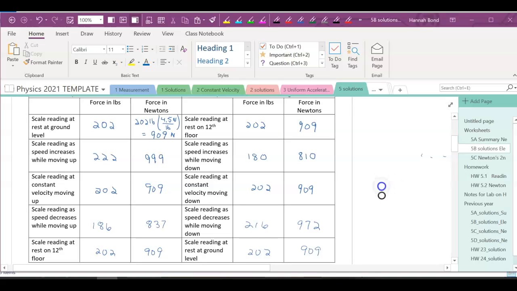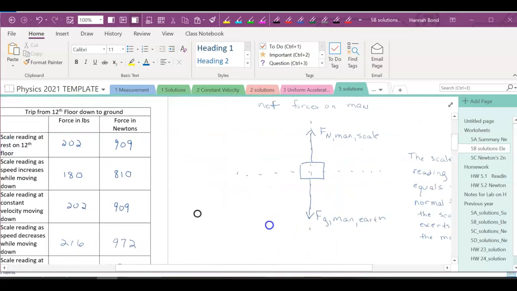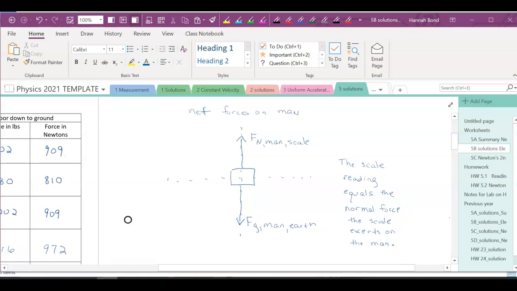Let's do a force diagram on the man to figure out what we are seeing when we read the scale. The force diagram is very simple. There is the force of gravity that the earth is exerting on the man. That's the man's actual weight. And then there's also a normal force that the scale is exerting on the man. He's standing on the scale, and the scale is supporting him, so we have that normal force.